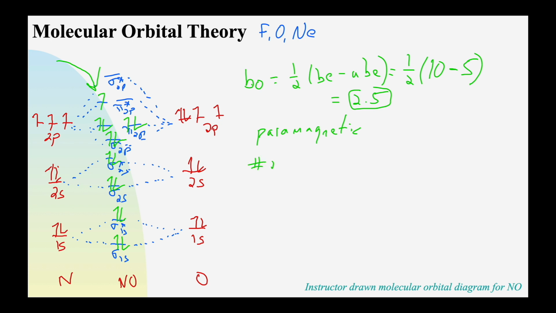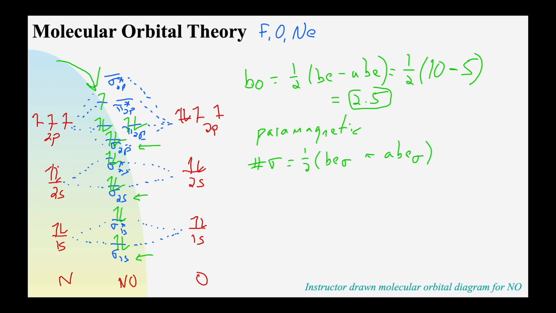Now, the definition for finding the number of sigma bonds is you take 1/2 the bonding electrons in sigma bonds, and you subtract the anti-bonding sigma electrons. If you look at this, there's sigma 1s, sigma 2s, and sigma 2p.